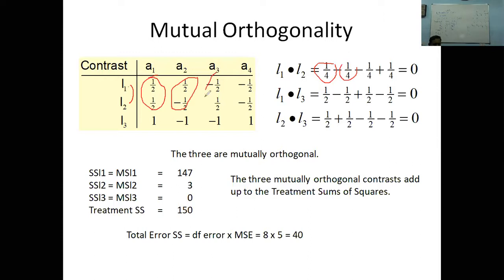If you multiply this, again that is minus 1 over 4. Multiplying this becomes plus 1 over 4. So the summation of the coefficients is 0. Likewise, you can multiply and see L1 into L3, L2 into L3. All are orthogonal. So all possible multiplications should be done to see whether all are 0.